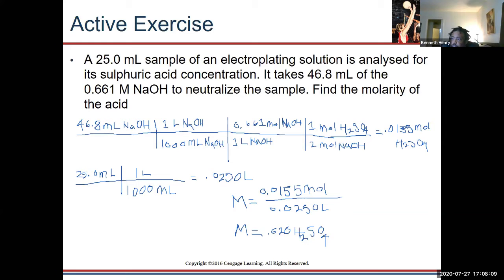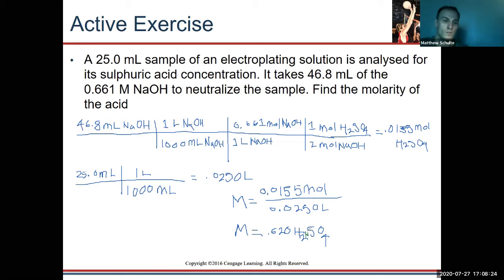Okay, got your molar. So you want to put the unit still on that side, down here. Looks good so far. Yeah, so you definitely want to show your balanced equation so I know where that's coming from. But yeah, that looks great. Good job.